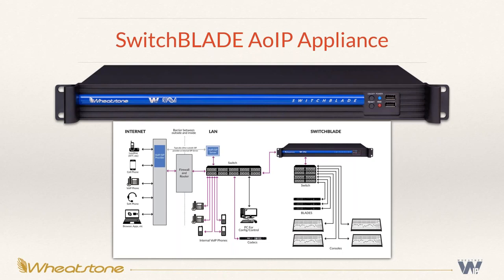This is a picture of our Switchblade appliance. It's a one rack unit that fits neatly in your rack. The diagram below it shows some of the signal flow of how we get these internet-based SIP broadcast quality codecs in and out of a facility and into the WheatNet-IP world, where we can use it as sources and destinations, send and receive audio back from surfaces or our blades.